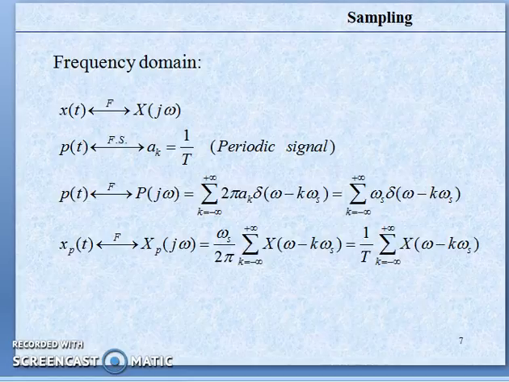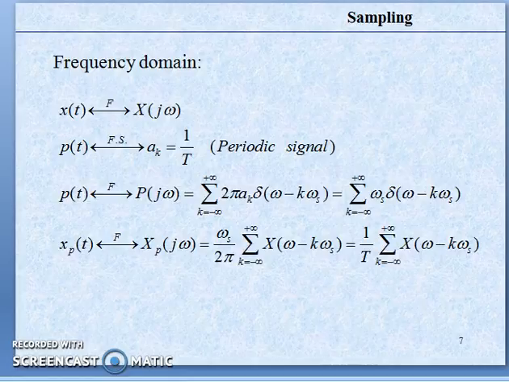Applying the Fourier transform, I have got X of j omega. P of t is an impulse train; apply the Fourier series to get P of j omega. And xp of t is a sampled version of x of t. In the frequency domain, applying the Fourier transform looks like Xp of j omega.